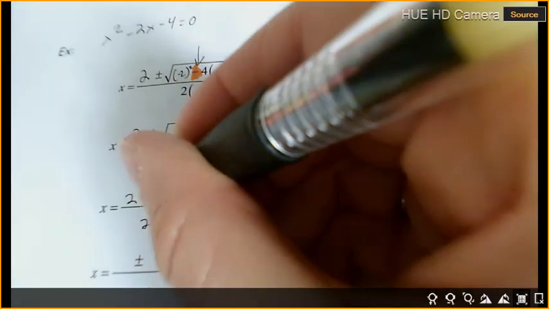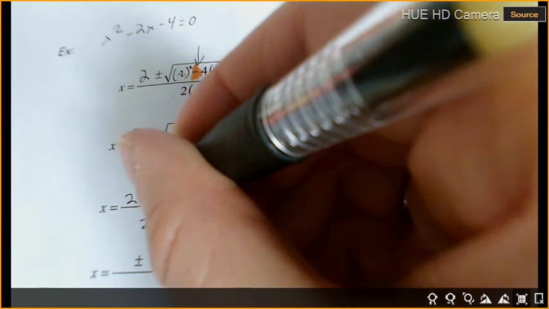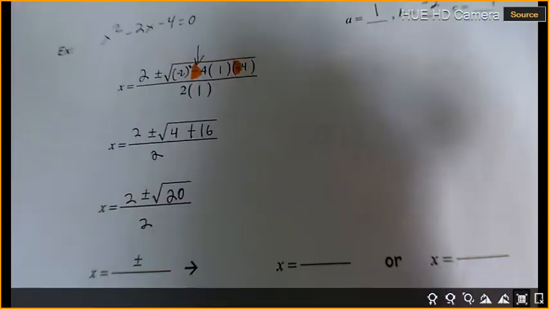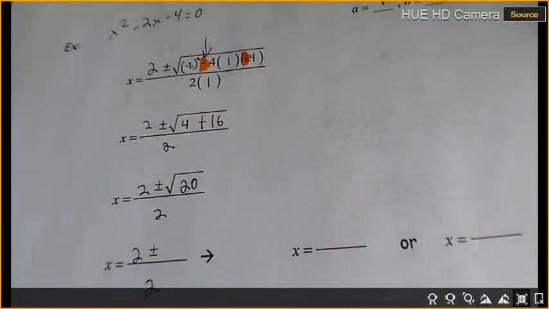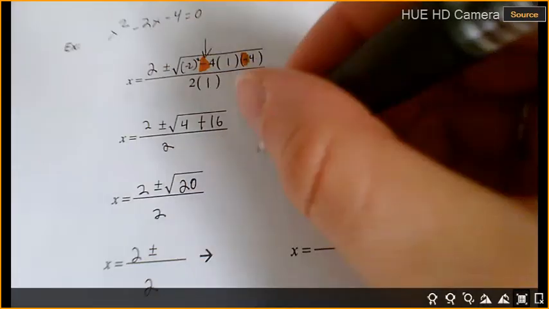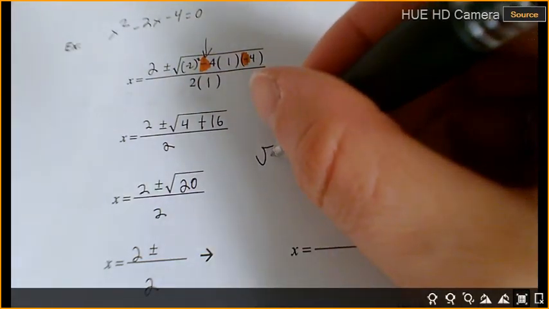Okay, what is 4 plus 16? 20. Okay. What is the square root of 20? It's not a nice number, right? So we could do 5 and what? 5 and what go into it? 5 and 4.